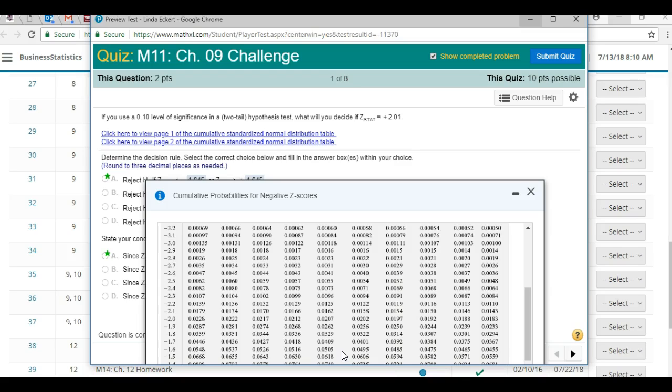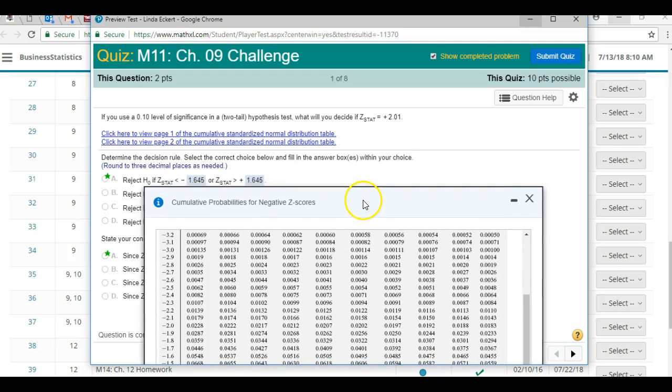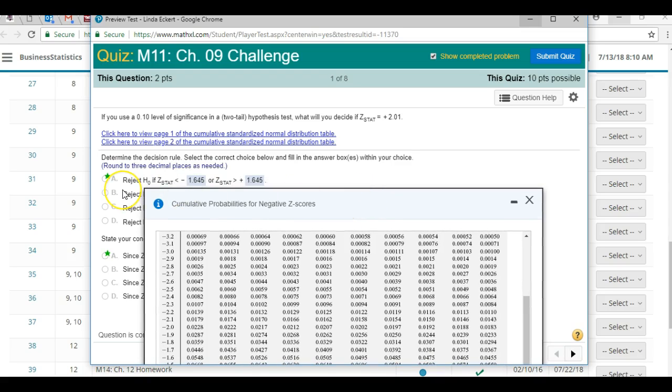That becomes your critical value. And I'll show you the answer here. This would be what your null hypothesis is. It's between negative 1.645 and positive 1.645. So that is the range.